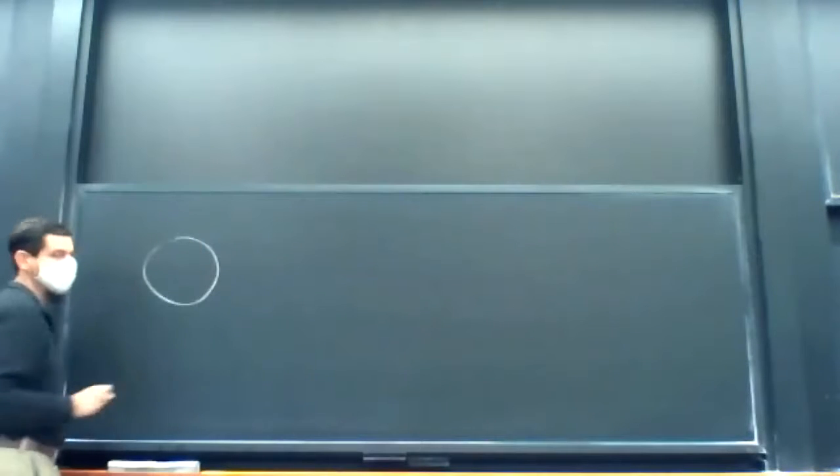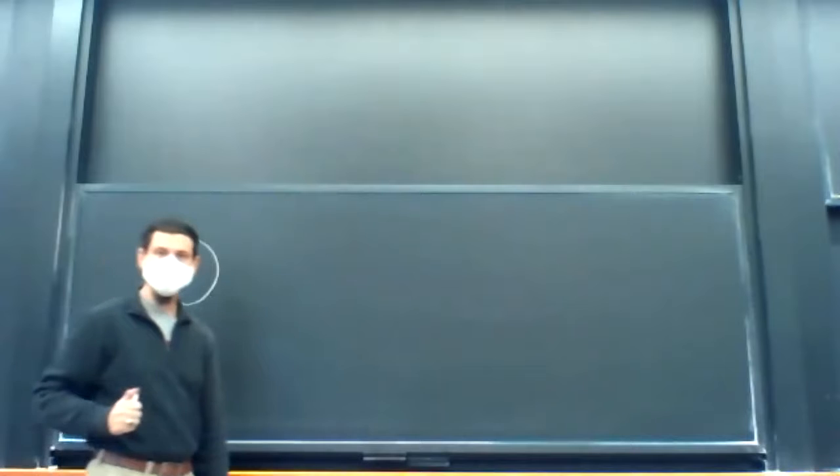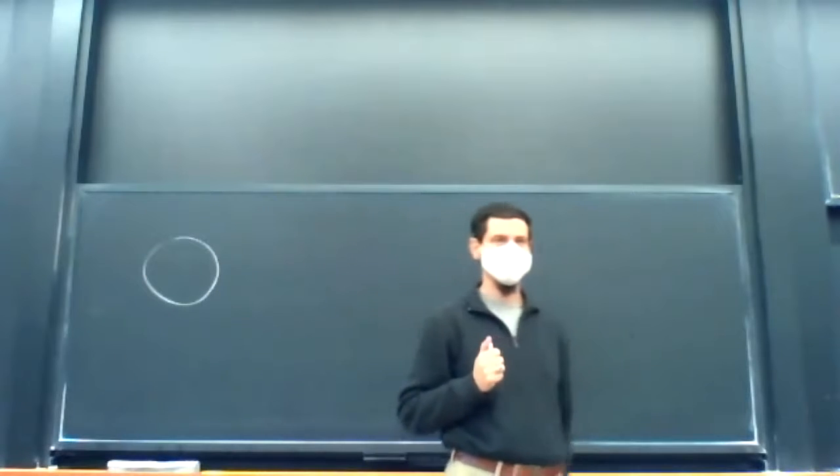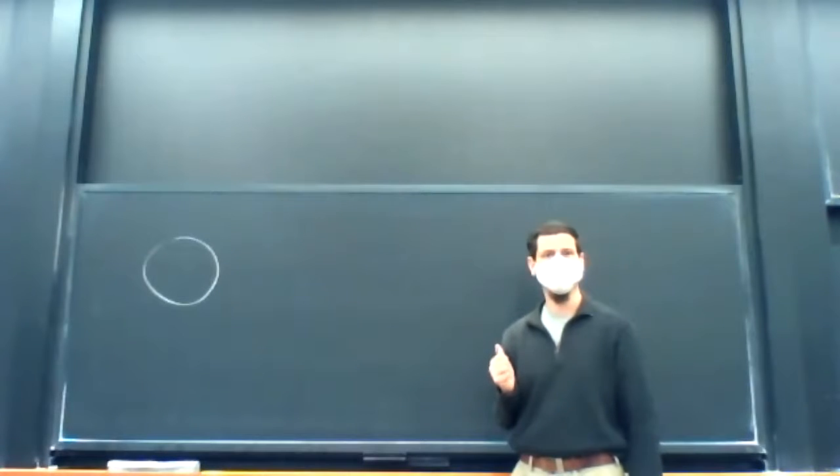If I give you a circle and I want to integrate this, you want to integrate first with respect to X or first with respect to Y. It doesn't matter. First loud voice wins.